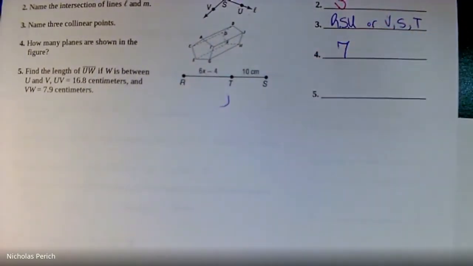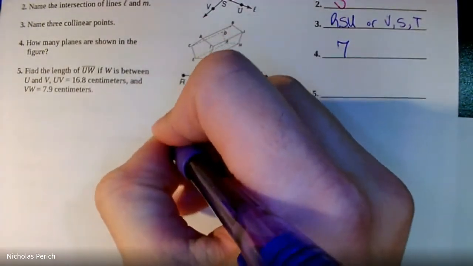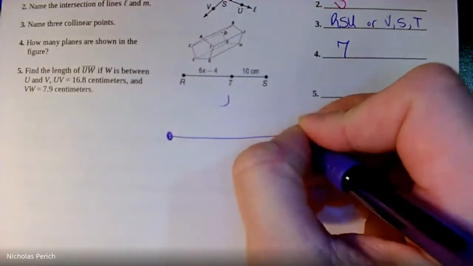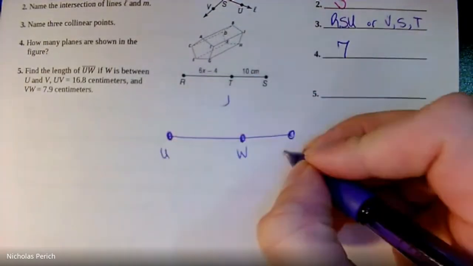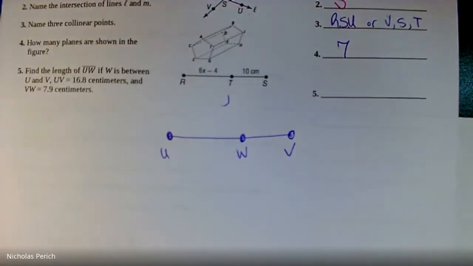Find the length of UW if W is between U and V. So I'm just going to draw a picture where W is somewhere in between U and V. So there's my W. There's a U. There's a V. Have no clue how accurate this is.